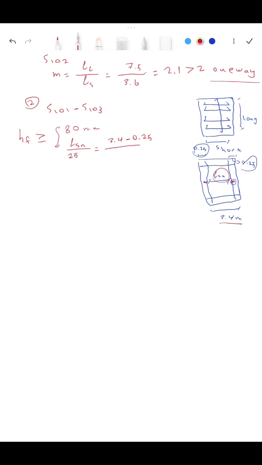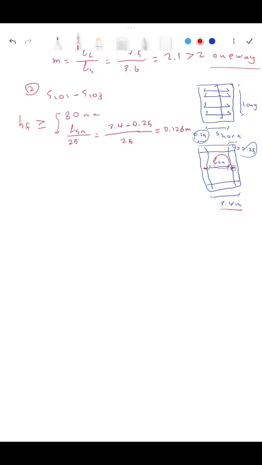In that case, we will get LSN over 25. When we calculate 3.4 minus 0.25 over 25, it will be 0.126 meter. Yeah, it will be in meter. Okay, this is the first one.